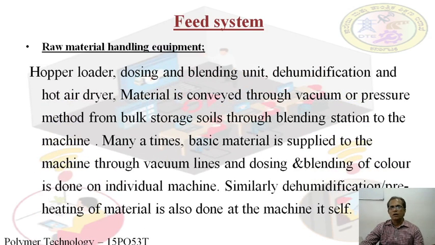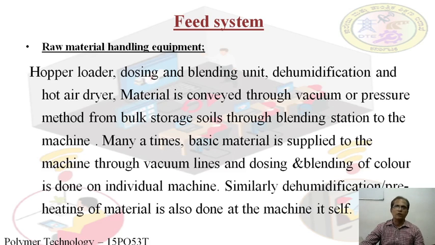Now let me discuss raw material handling equipment. Nowadays hopper loaders are available. We need not load the material manually. If the output is less and the machine is of smaller capacity, then we can go for manual loading.